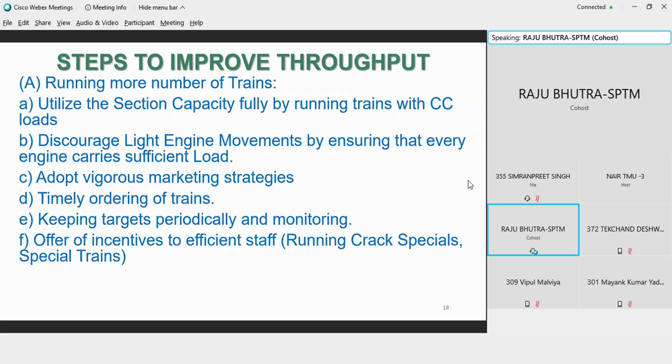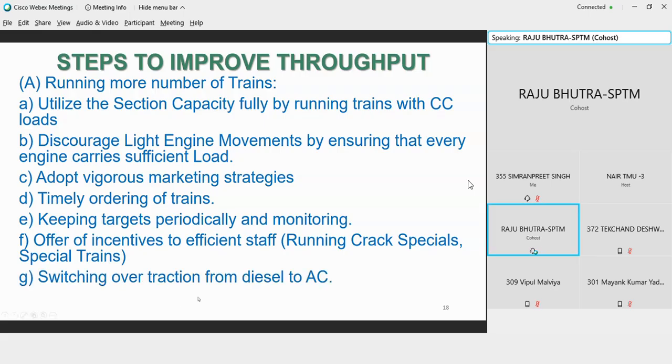I told you about crack trains during freight train operations also. So if the running staff, that is the crew, are running efficiently, they need not be changed at the nominated crew change point, and they can take the train up to the next crew changing point. So that will increase the efficiency, reduce the detentions, and increase the throughput.